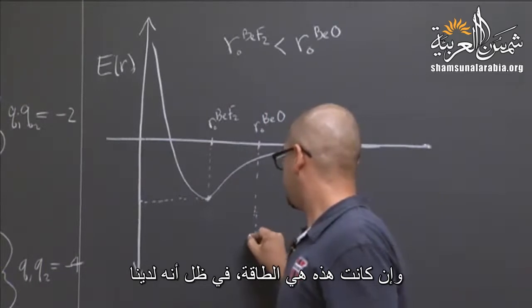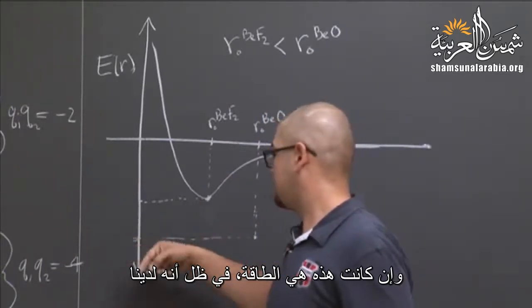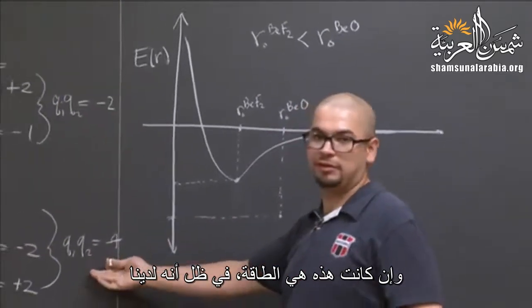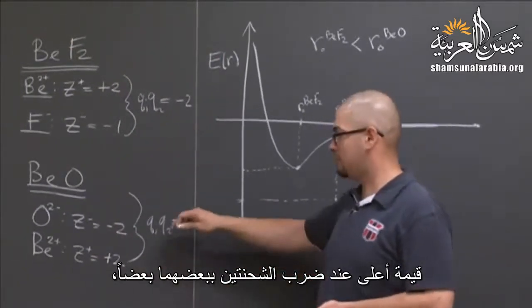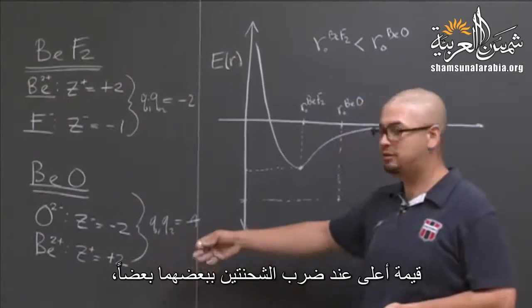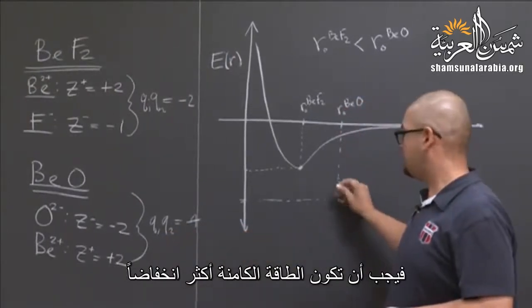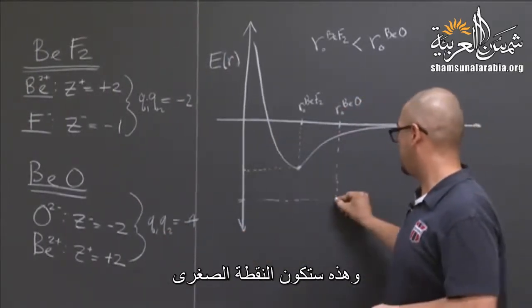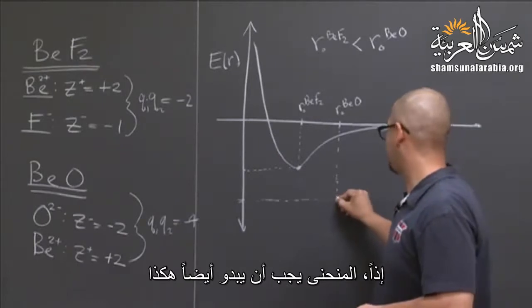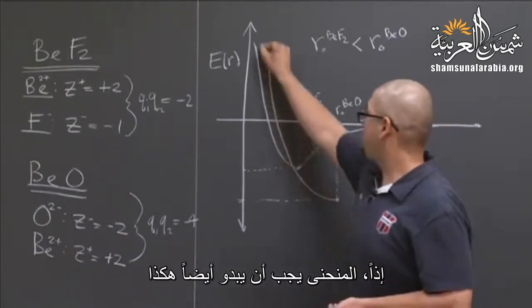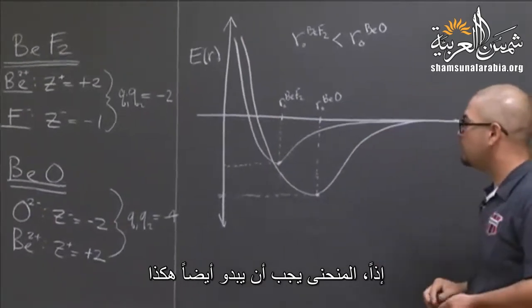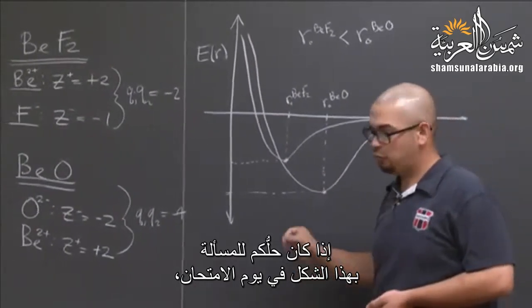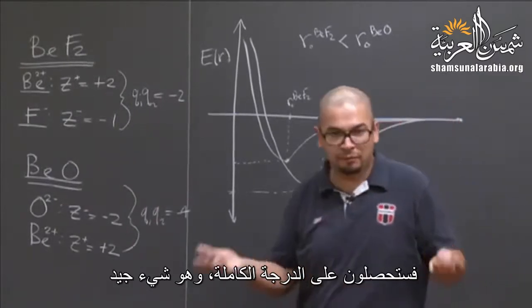Given that we have a higher magnitude when you multiply the two charges together, it should sit lower on the potential well, and this will be my low point. So my curve should also look something like so.